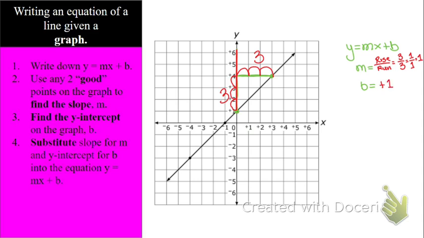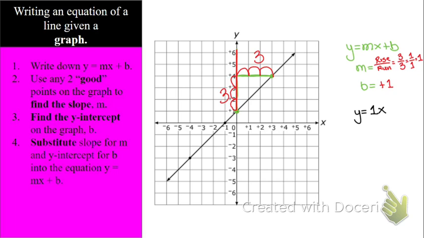Okay, now once I get all that, the m and b, all I have to do is substitute it in, and then I have my final equation. So if I go to substitute it in, I keep my y. The m we just found out was a 1. Okay, the x will stay. So the x and y will always be in the equation.